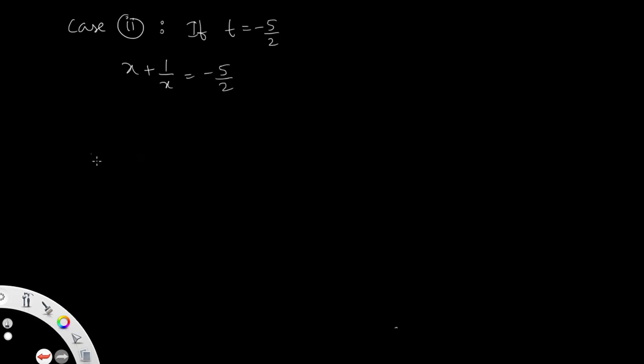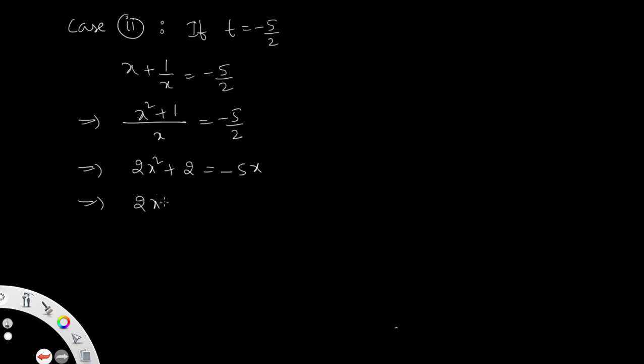Now take the LCM, x square plus 1 by x equal to minus 5 by 2. Now cross multiplication, 2x square plus 2 equal to minus 5x. Then the equation becomes 2x square plus 5x plus 2 equal to 0.